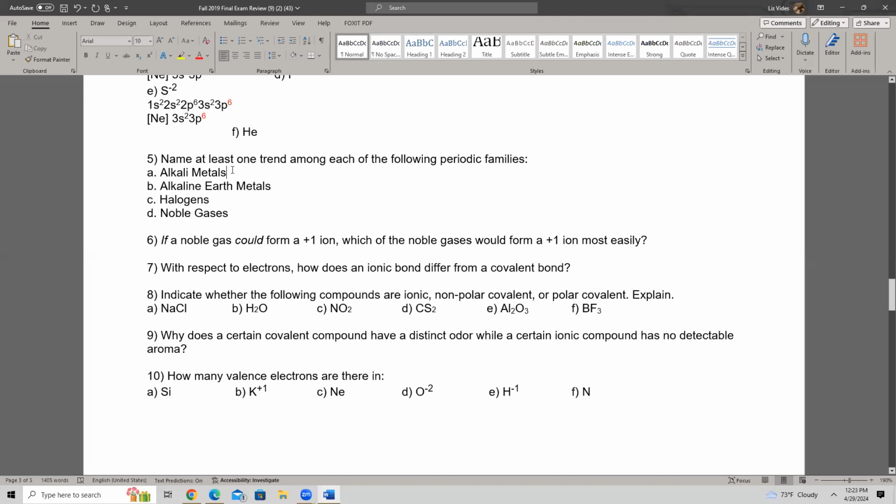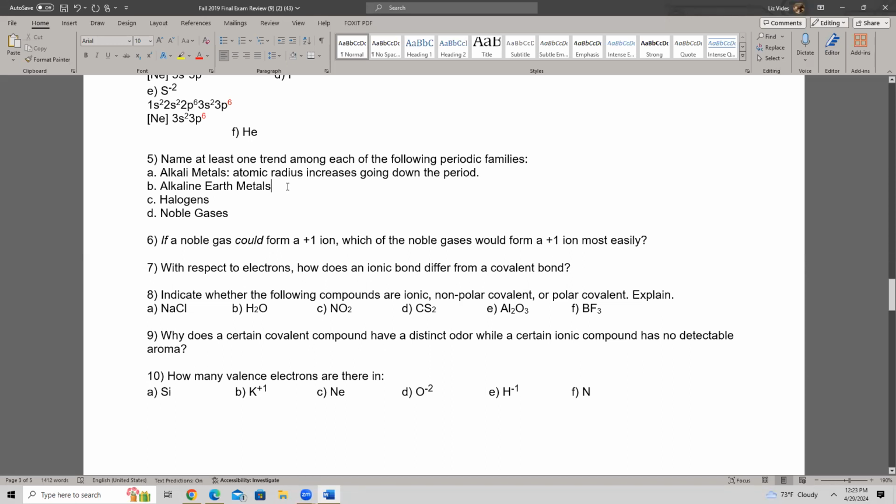So I would say for alkali metals, I'm going to use size. So atomic radius increases going down, and you notice this is just a group, right? So we're just doing this particular group going down. And left, obviously, but we just want this answer, right?